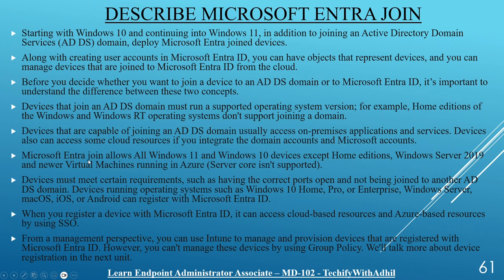Windows 10 Home editions cannot join Microsoft Entra, but here it can be registered. Joining Microsoft Entra is different from registering the device to Microsoft Entra ID. If it is Windows 10 Home, you can register and you cannot join. If you want to join, it should be Pro, Enterprise and newer versions of the OS.